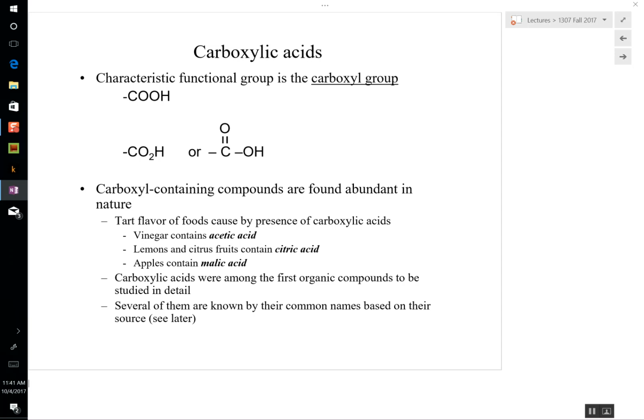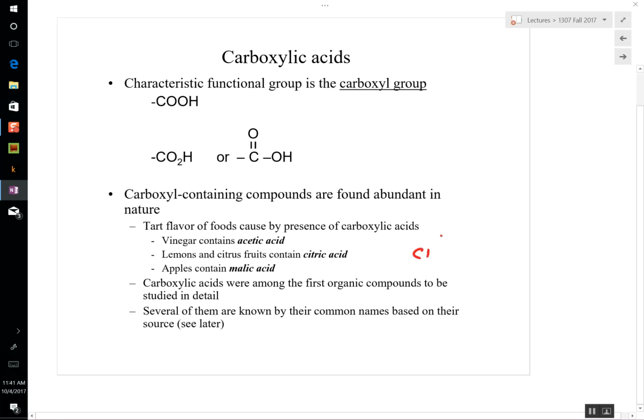Acetic acid, lemons and citrus fruits, citric acid, apples, malic acid. Whenever you see the word citrate on a label, it might be sodium citrate. It's the sodium salt of that carboxylic acid. It's a natural preservative.